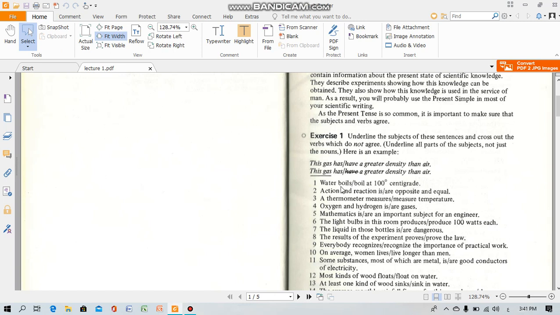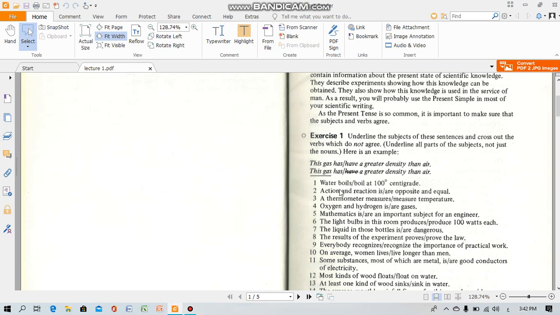As we can see here, we have two verbs. The first one contains the S. Do you see this letter? This is the singular S. Here we have boils and boil at 100 centigrade.